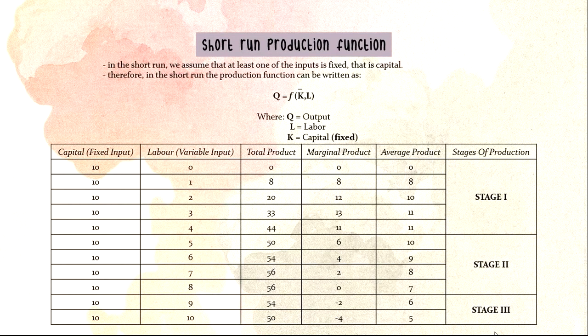Stage 2 is from the intersection point of marginal product and average product until marginal product becomes 0 again. Stage 3 is from the negative number in marginal product until the end.